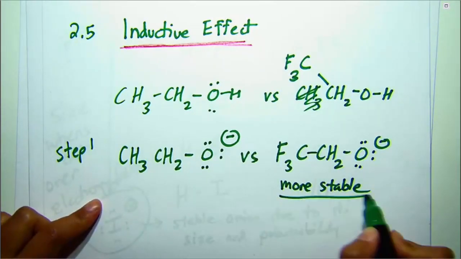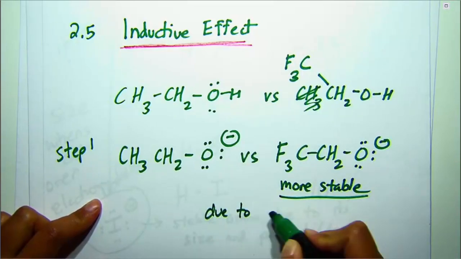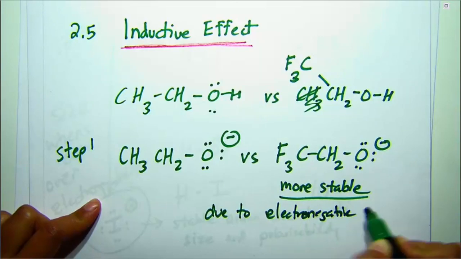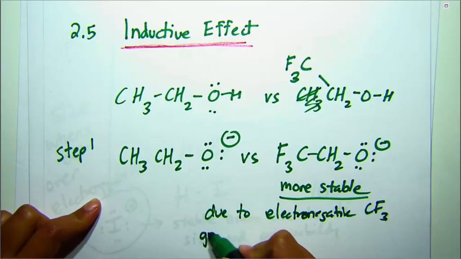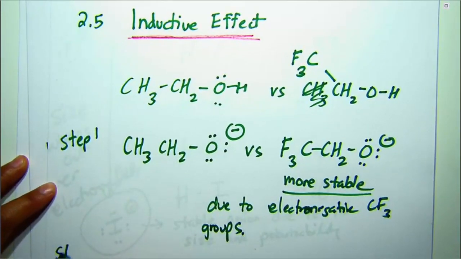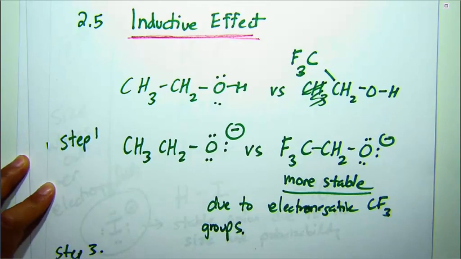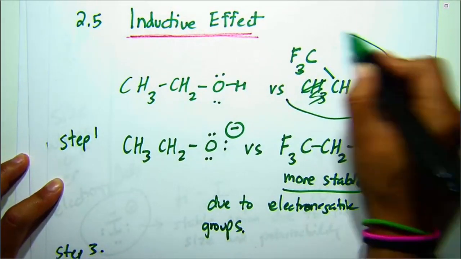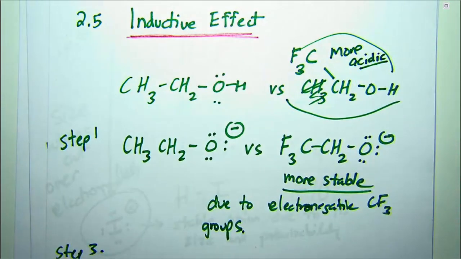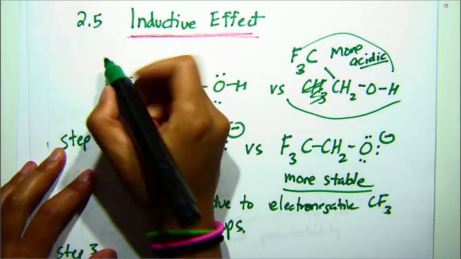Okay, so this is more stable due to the electronegative CF3 groups. And so in step 3, you can predict that this guy is also going to be more acidic. And we can see this effect bear out if we compare the pKa values. So ethanol has a pKa of 16, and trifluoroethanol has a pKa of 12.4.